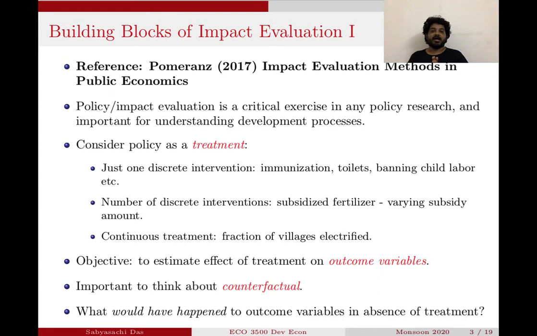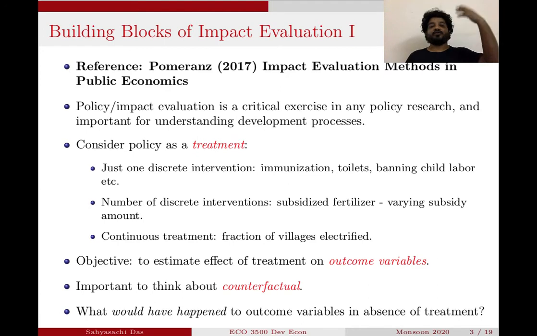In the case of policy impact evaluation, it's literally an intervention, because the government is intervening in the form of some policy, like raising taxes on cigarettes, reforming the land laws, or opening bank accounts. These are literal interventions by the government or the NGOs.